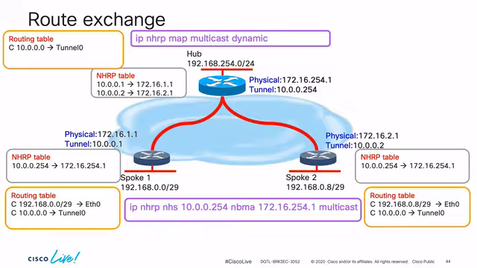And on the spoke, with later versions of the code, we have this option wherein you can use the multicast keyword with the static NHRP mapping that you're configuring on the spokes. So the command would be IP NHRP NHS, where you would map the tunnel IP address with the tunnel NBMA address, and you would add the keyword multicast to make sure that the routing updates get exchanged.